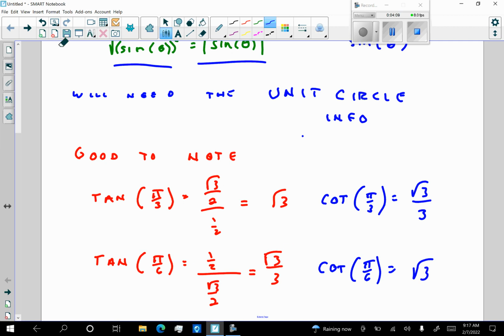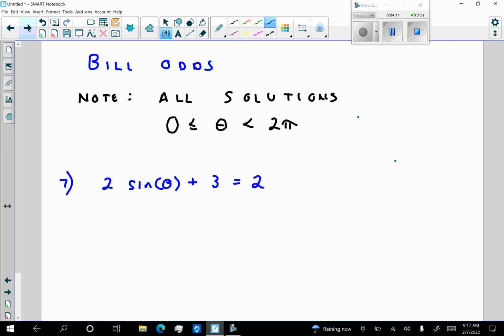So let's just jump right into some bill problems. Over the course of the next two days, I'm going to probably do all of the bill odds. And then there will be several bill type problems on the test, and they will be worth multiple points, at least 2, probably 3 points, and it's going to be imperative that you show the algebra steps up to your solution.